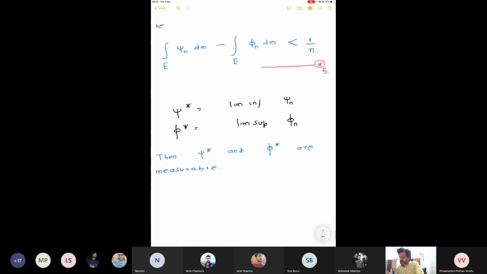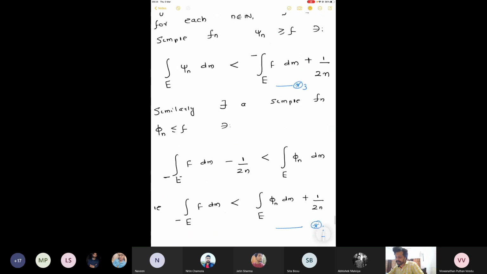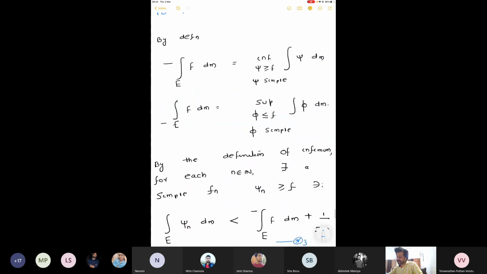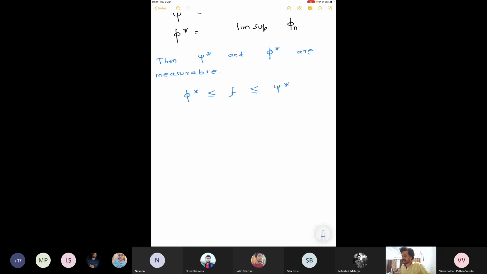You will also get that phi star is less than or equal to f, which is less than or equal to psi star, because of the construction of phi n and psi n: phi n's are greater than f and psi n's are less than f. Am I right? Yes. With that you have this, which I will put as star 6.